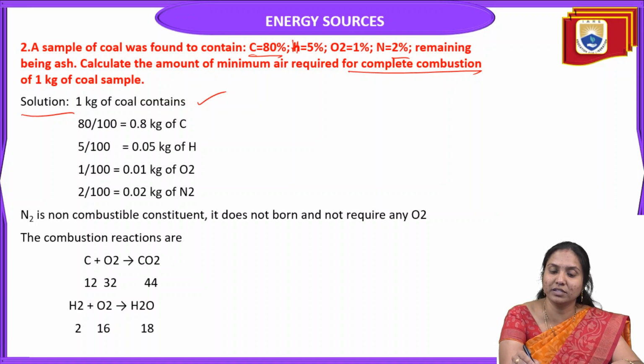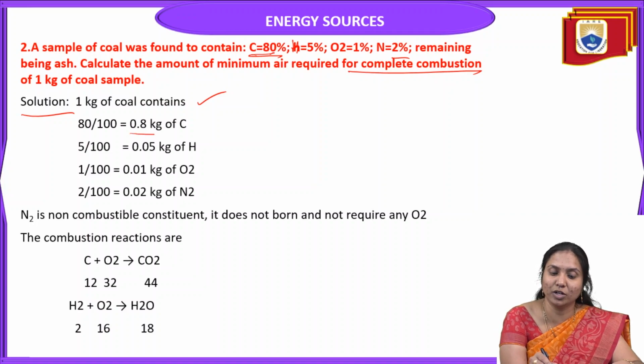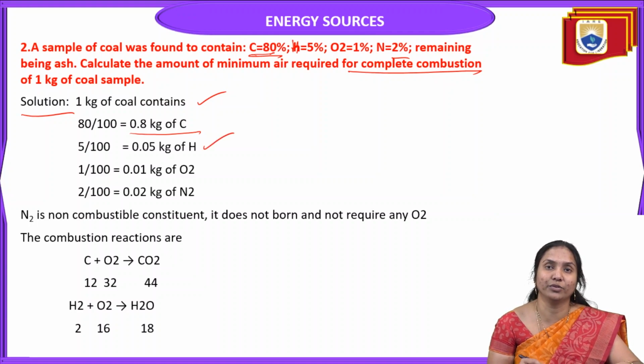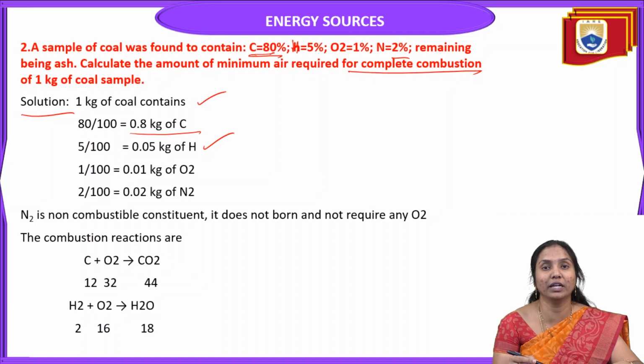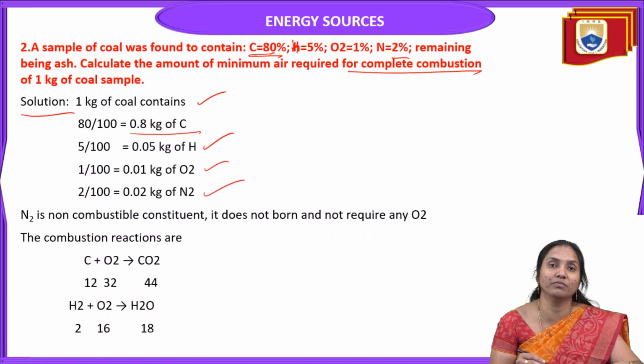carbon percentage 80. We can convert it into weight, that means kilograms. So 80 by 100 equals 0.8 kilograms of carbon, and 0.05 kilograms of hydrogen. So the given coal contains 0.8 kilograms of carbon, 0.05 kilograms of hydrogen, 0.01 kilograms of oxygen and 0.02 kilograms of nitrogen.